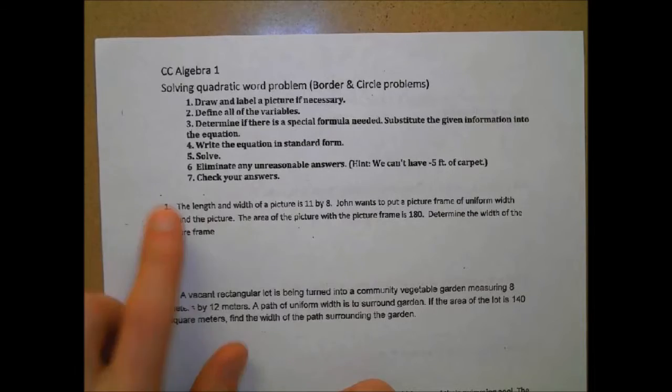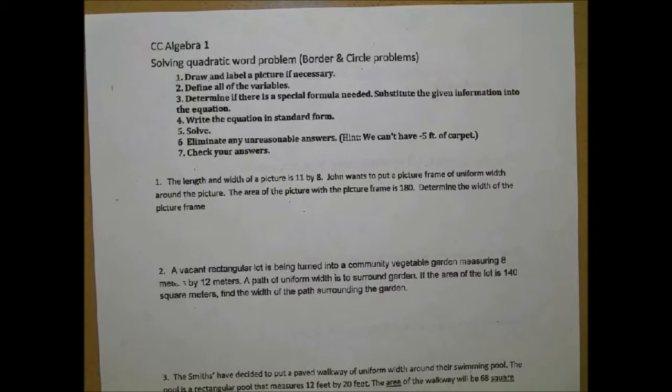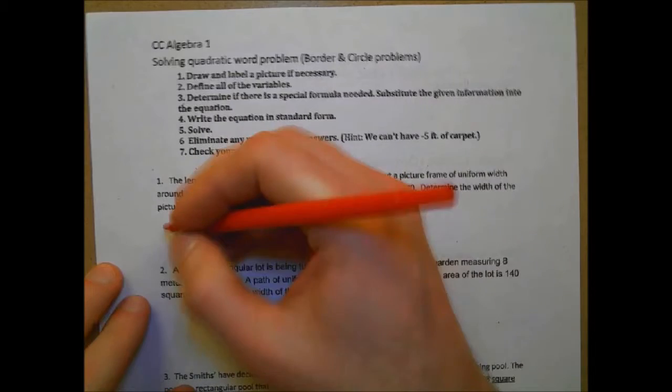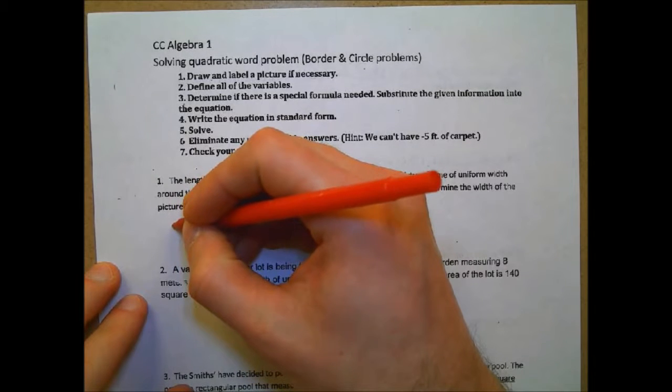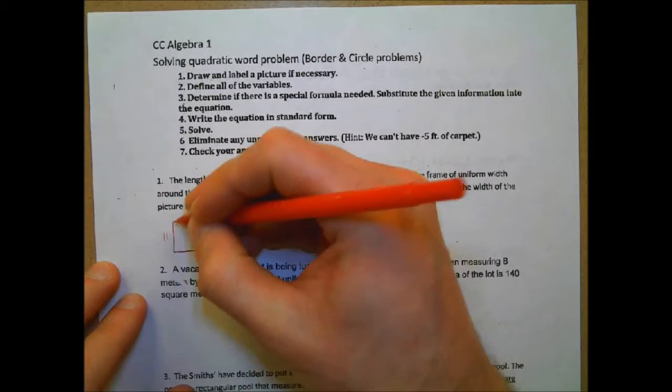All right, so let's take a look here at number 1. The length and width of a picture is 11 by 8. Now, I told you guys, I don't really care how you draw your pictures. Some people may look at this and say, Mr. Witt, length and width, that's going to look like this, 11 and 8.